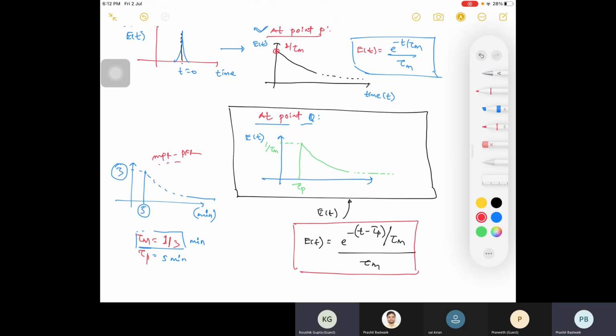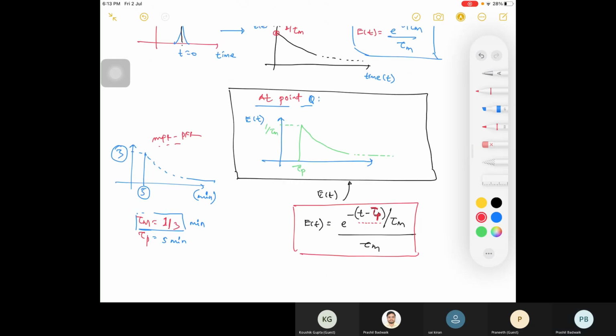For pulse injection, you will be having this profile equation. This kind of profile you will be having, e to the power minus (t minus tau P). Please be careful with this. Okay, this is your profile ET.